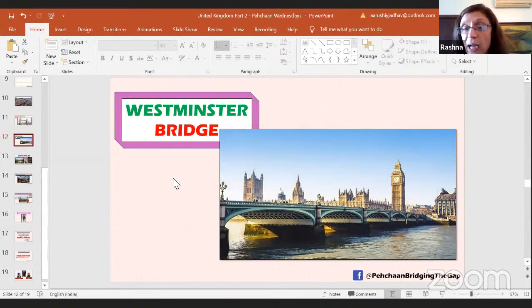The reason why I want to show you this bridge is for two reasons. One is now in FYJC, during English, you're going to have a poem about this bridge by a British poet. So when they teach you this poem in college, I want you to remember this bridge. You will already know about this bridge. Okay, that's one reason.